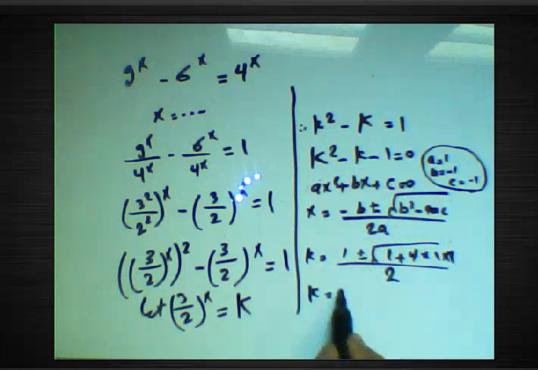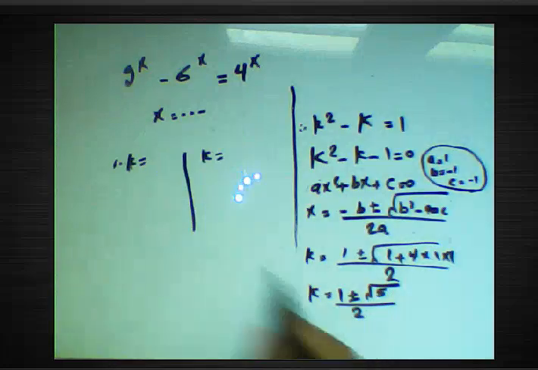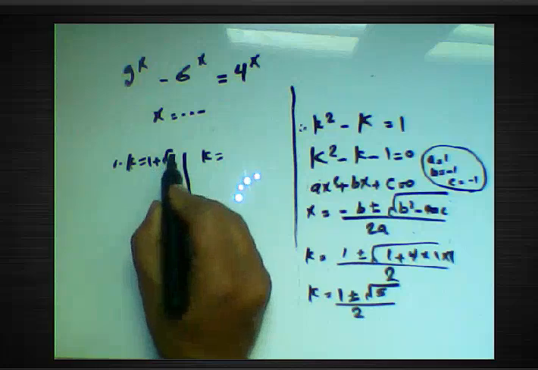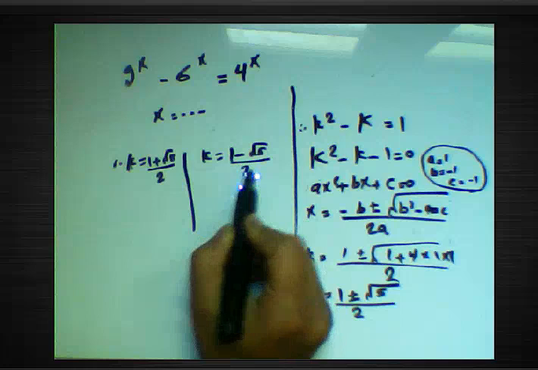Then k will be 1, positive or negative, square root of 5 over 2, and then let k equal 1 plus root 5 over 2, and here 1 minus root 5 over 2.